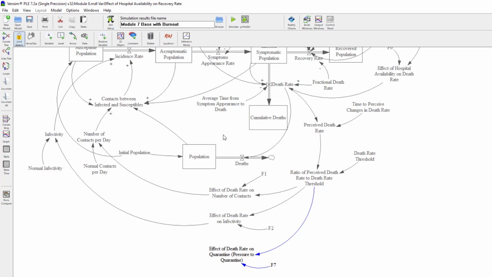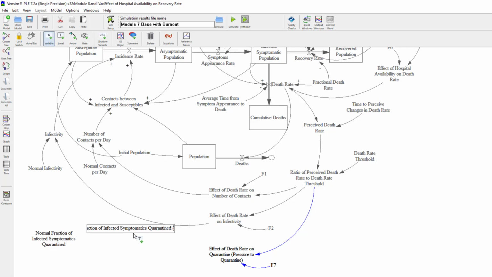All right, now we're going to create the next variable. It's going to be called normal fraction of infected symptomatics quarantined. It's the same idea as normal infectivity or normal contacts per day. Now we're going to calculate the adjusted fraction based on this pressure. That variable is going to be fraction of infected symptomatics quarantined, and this is the response to the pressure.